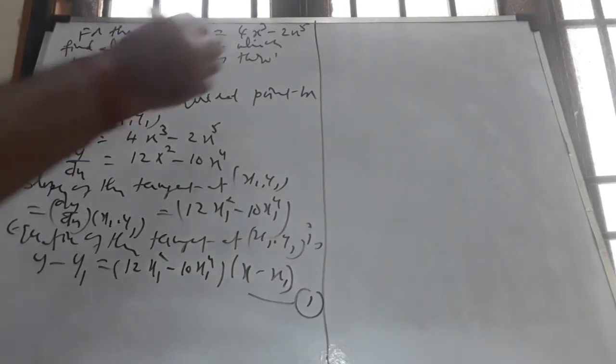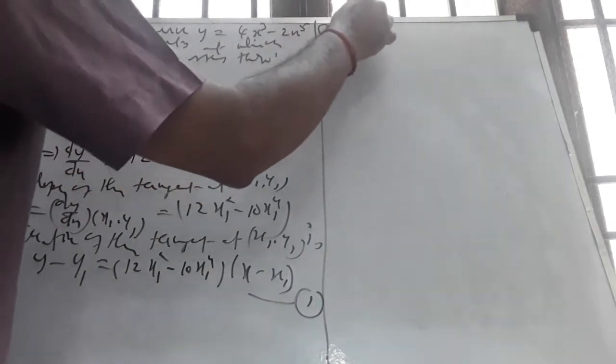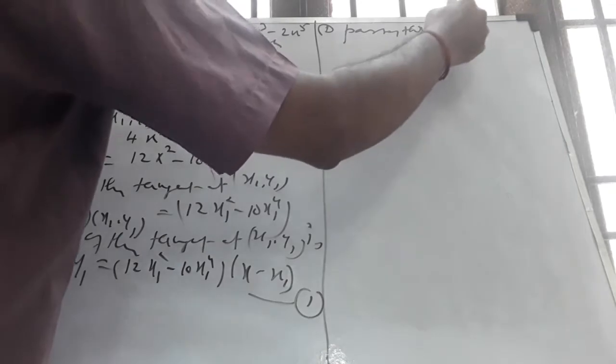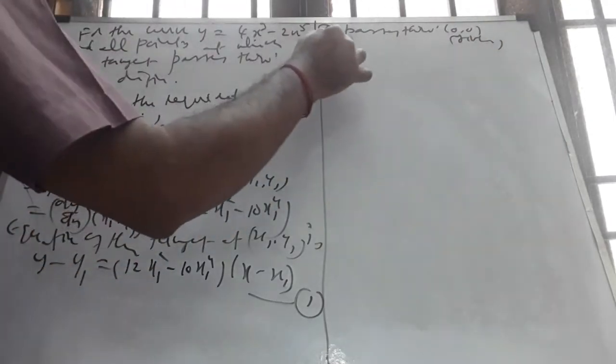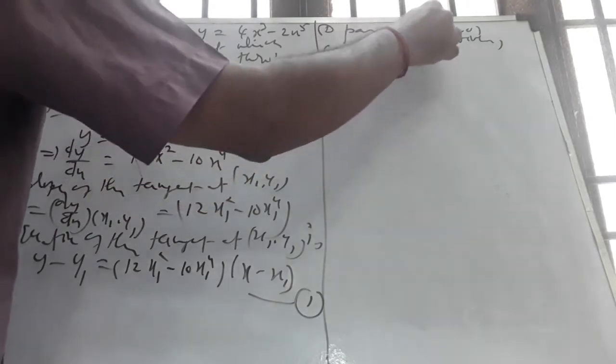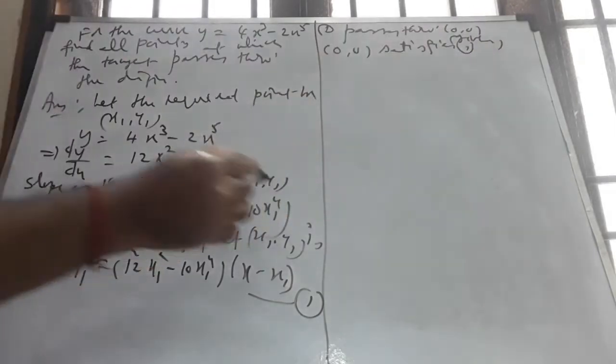Now listen, 1 passes through the origin (0, 0). That is given. Therefore, I need to say (0, 0) satisfies 1.